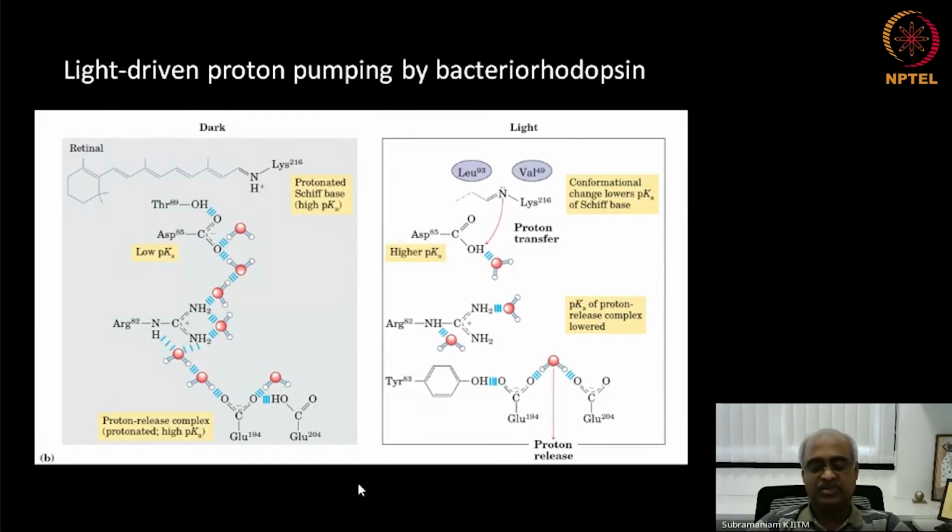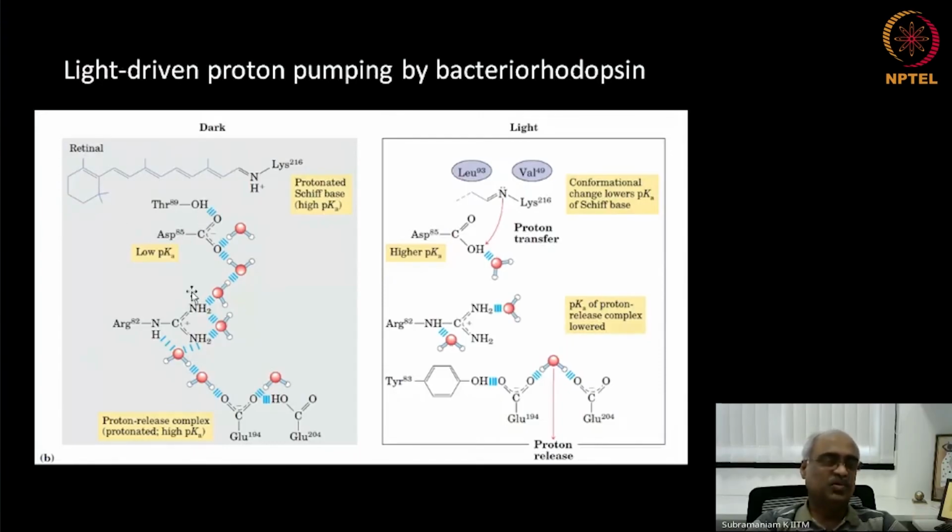And since water molecules are hydrogen bonded, such protons resulting from ionization through this hydrogen bonding can readily hop instantaneously to long distances. And at that time I told that kind of proton hopping is really very useful for catalysis at the enzyme active site. And here is one such example we see here.